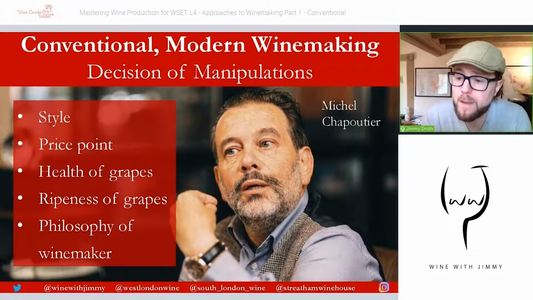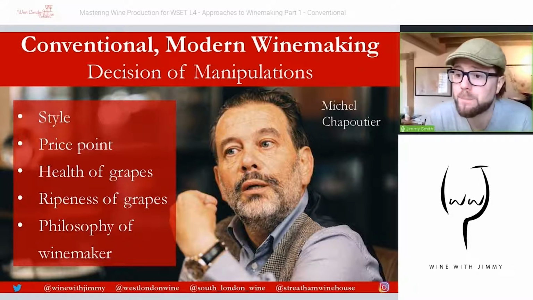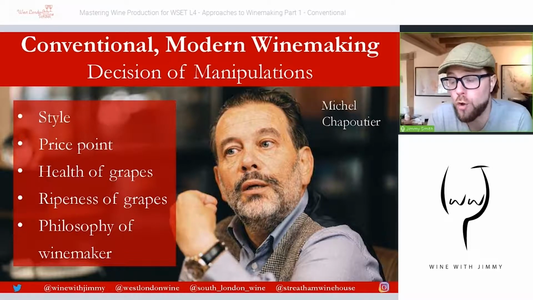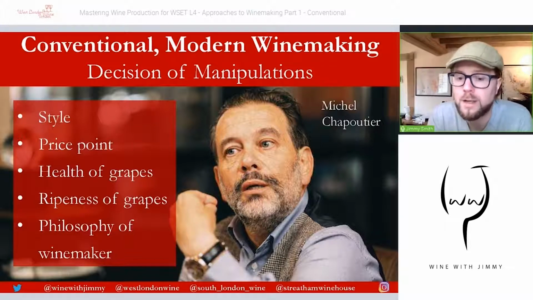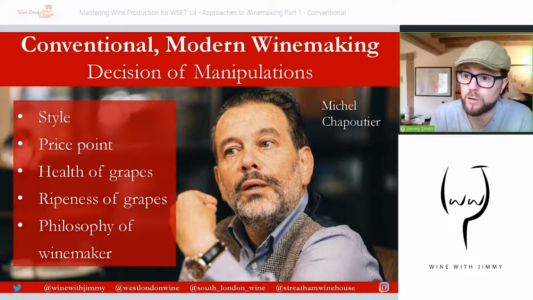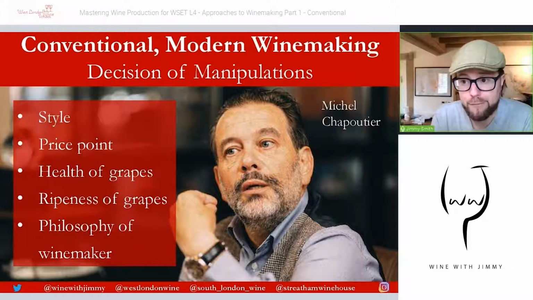And I've put a picture up here of the very outspoken Northern Rhone grape grower and winemaker Michel Chapoutier, who also has productions around the world in places like Alsace and also the south of France. Very outspoken, the man that mentioned that the TDN compound in aging Rieslings, that note of petrol kerosene, is actually a fault.